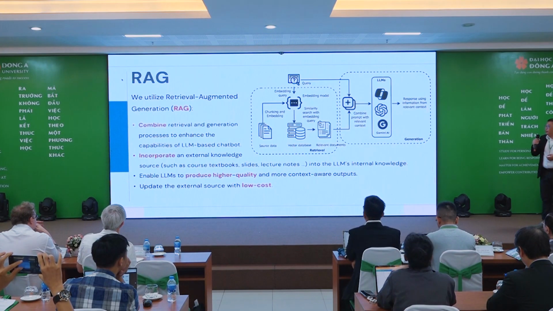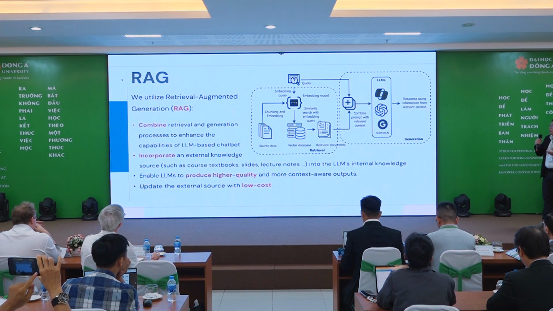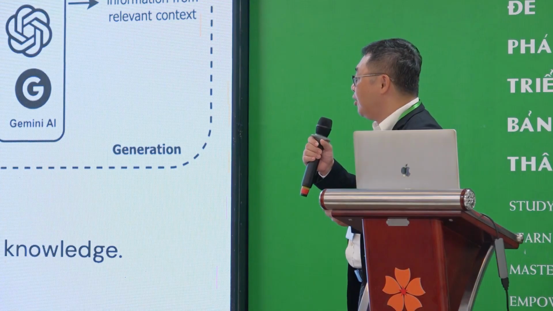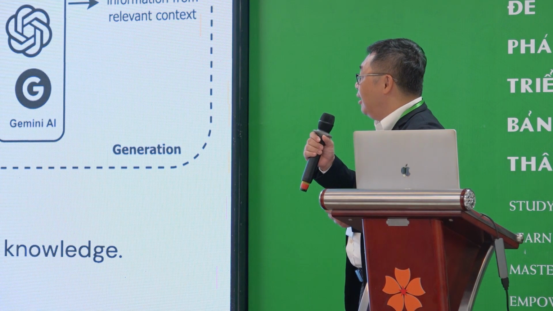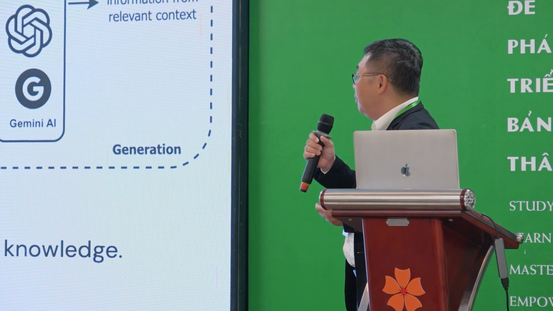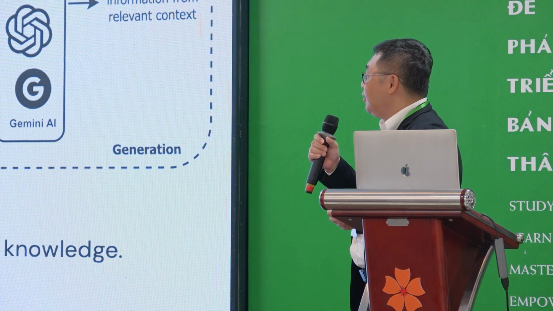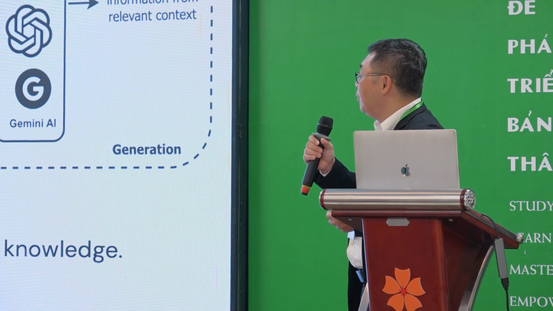To update the knowledge for LLM, you can prepare some documents, which we call the source data. These source data can be embedded into a vector database so that when the RAG system receives a query from the user, it will search the source data to figure out which documents are most relevant to the query.